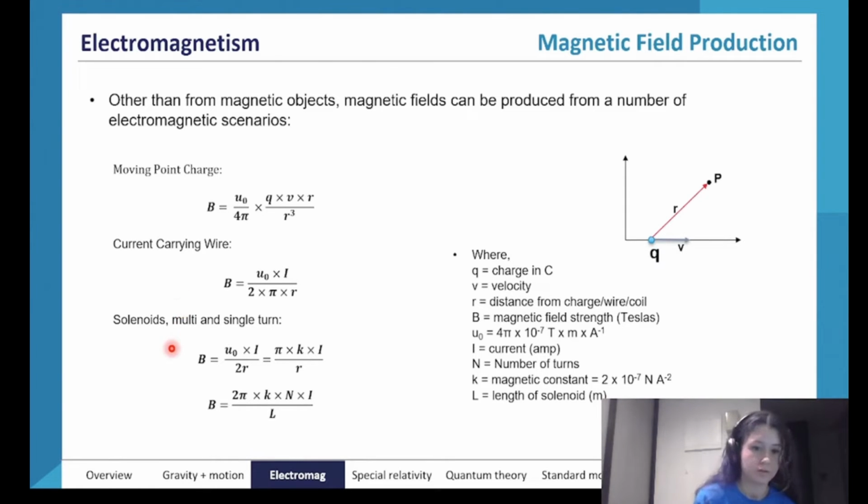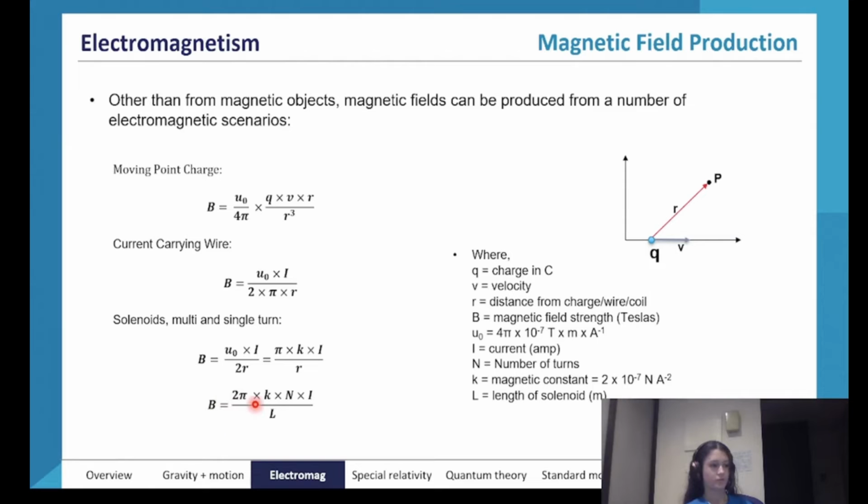So for solenoids, we need to find the magnetic field strength in the center of a solenoid, and we're going to use this formula here.